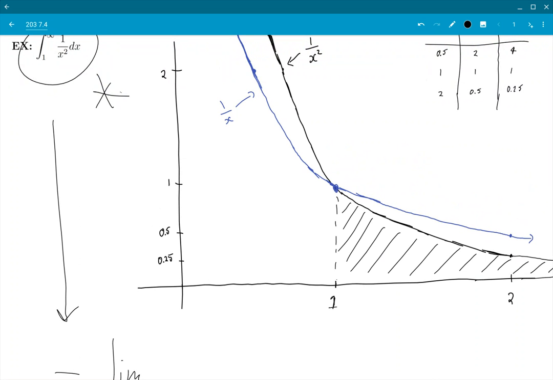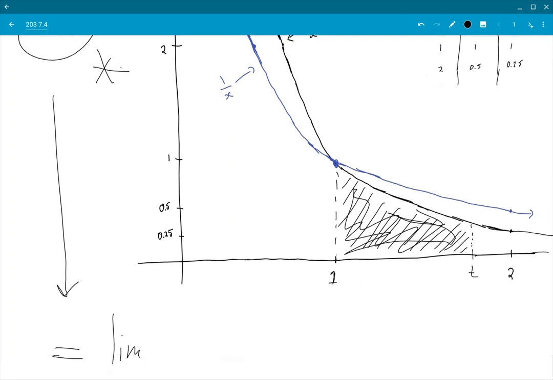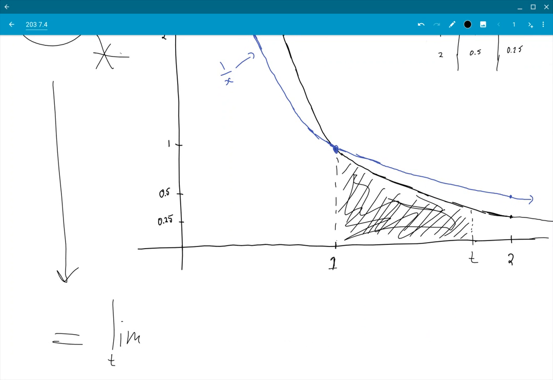So what will we do? Well, the idea is to look at this area again and cut it off at, say, t. Put a t there. So just break it off there. Now the idea will be to find this smaller area here, and then afterwards allow t to go to infinity.